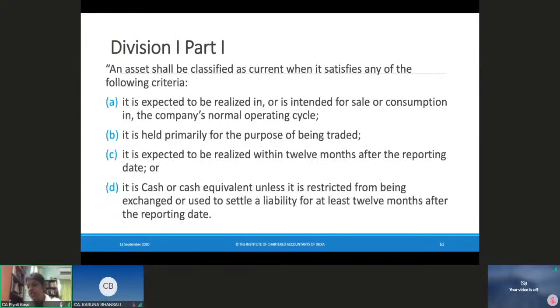Management may claim, yes Sudhir, but you have to be convinced. The auditor needs to be convinced that what the claim is, because management will only tell us. We are not the authority to tell what the normal operating cycle is, but we have to be convinced that what they are claiming is correct.